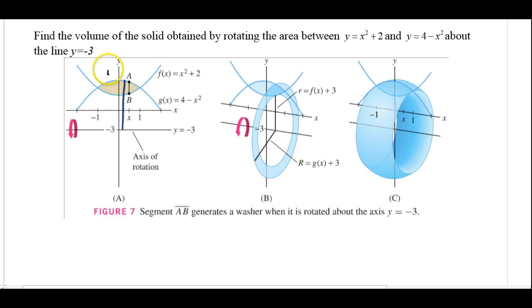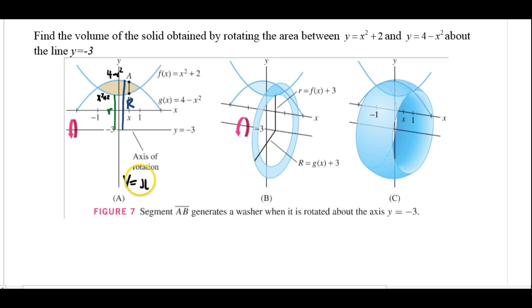So this one up here is 4 minus x squared, whereas this bottom curve right here that we're going to hit when we go to the lowest function, that one is x squared plus 2. So this is my big radius, and then my small radius from the axis of rotation to the closer function, that is little r.